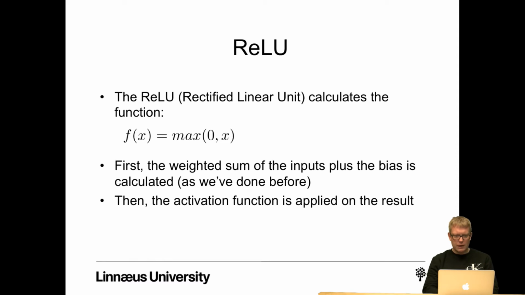ReLU, or rectified linear unit, calculates the function f(x) = max(0, x). So first, the weighted sum of the inputs plus the bias is calculated as we've done before. Then the activation function is applied on the result. That's a max function, so we'll never get any negative values.